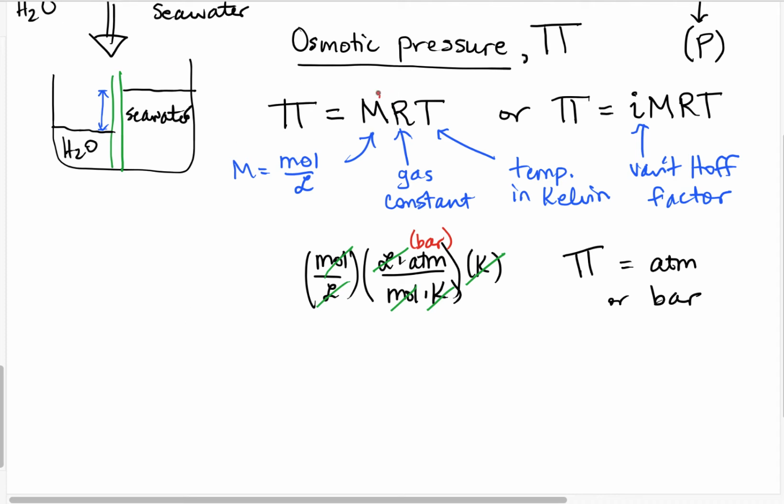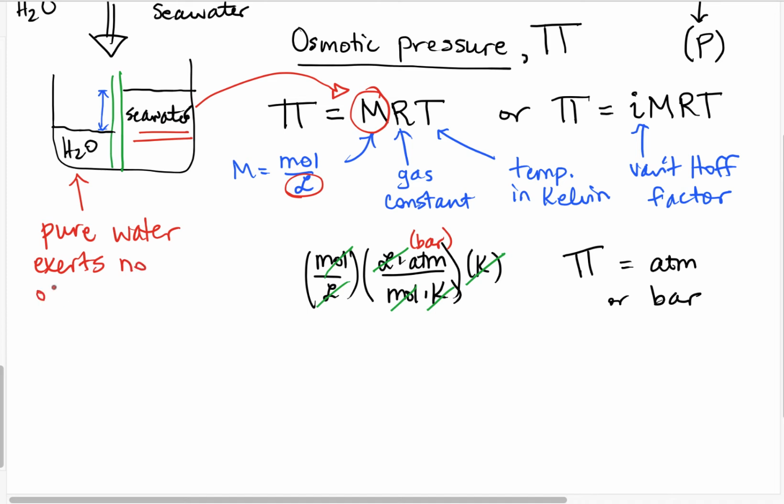So you can see that the only things that are going to have osmotic pressure are solutions, because they're the only ones that have stuff dissolved in the liters of their solution. So pure water exerts no osmotic pressure by itself.